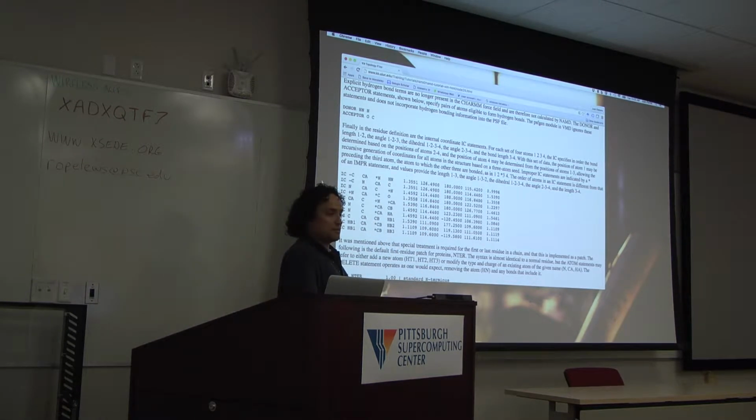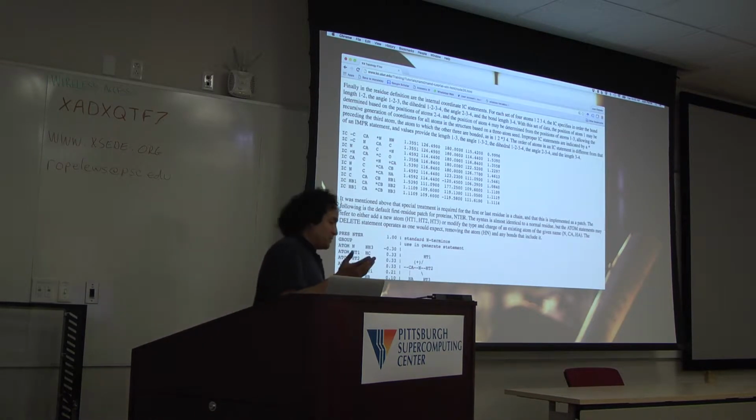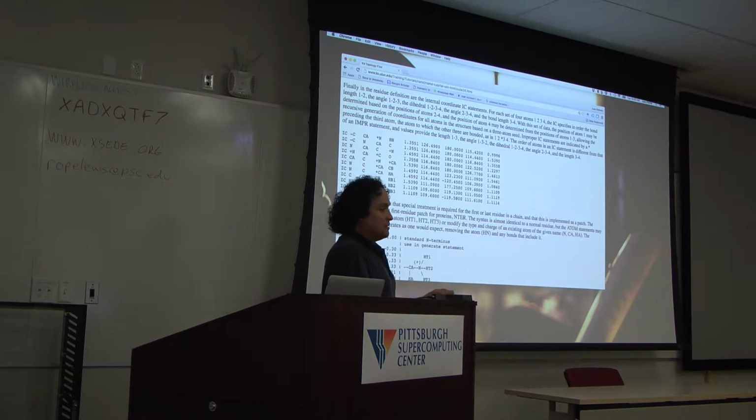These are known as the IC tables, also in the topology file. A common mistake is thinking that because they have a topology file, they can use guesscoord to assign the position of the atoms. That's not always the case. If you don't have the IC tables, there is no way PSFGen can assign the coordinates to those unknown atoms.